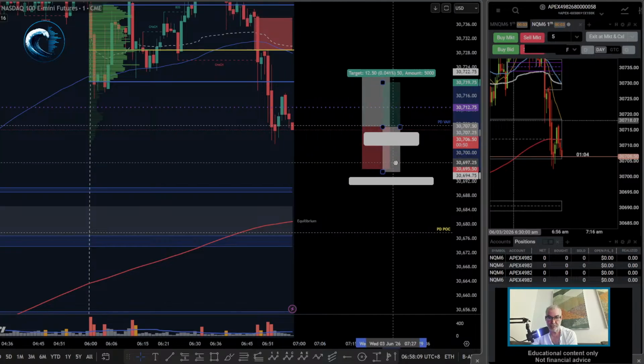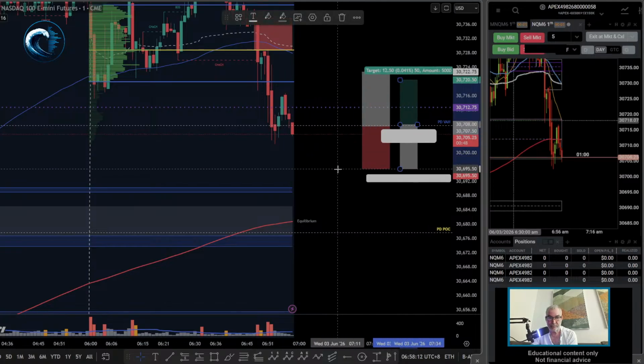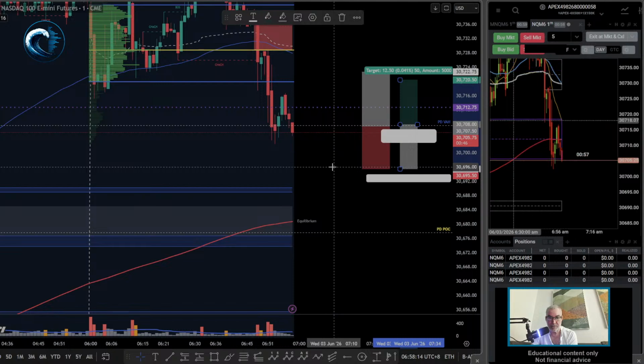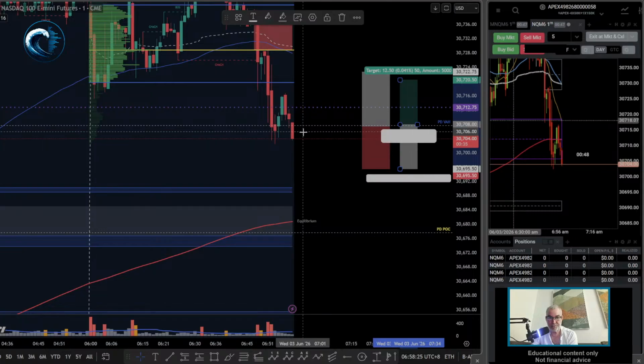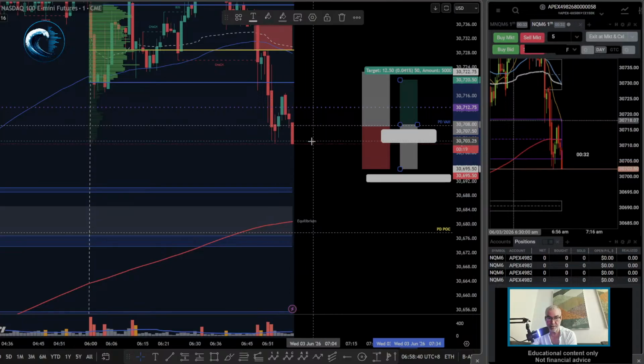Long or short? What am I doing? I'm just watching the level. If it does go under, I'll wait for a pullback. Hopefully I get a pullback, and then I'll probably go short if I sweep here.